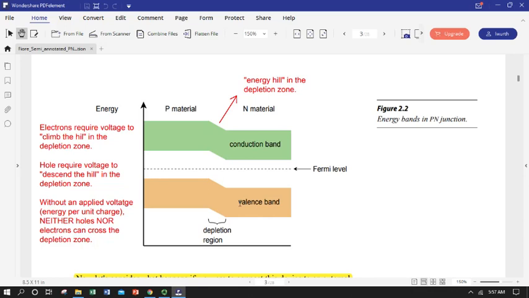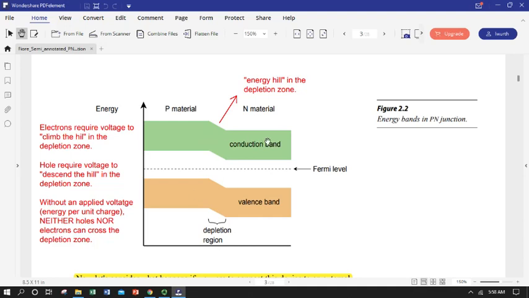Excuse me. This is a PN junction, but the device it makes is called a diode, so I gave away the future there. As we go from the N material to the P material, we actually have to climb an energy hill to get there. And this energy is per unit charge, so this is a voltage gradient.